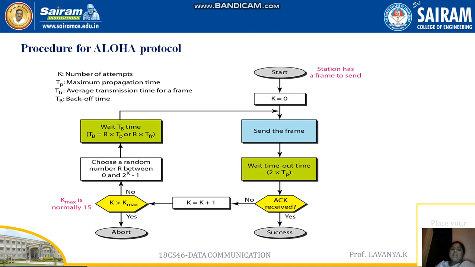Then after that, we check whether k is greater than the maximum, meaning the maximum number of attempts compared with the current attempt, that is, how many times I have attempted. If the current attempt count is not greater than the maximum, it goes back to the starting state again, and within the given amount of time I have to send the data to the destination.